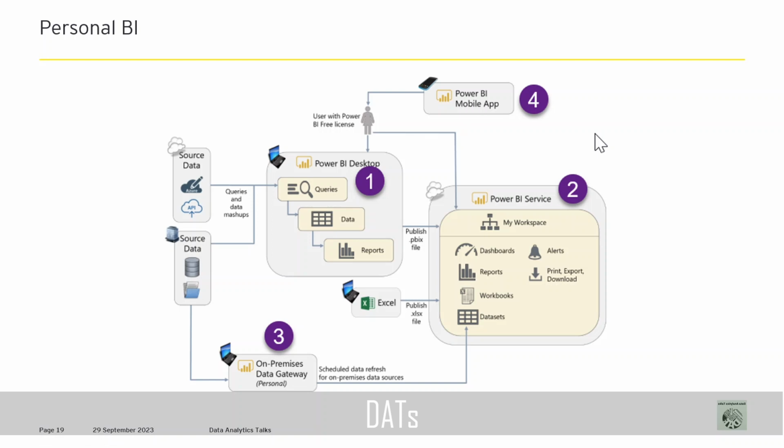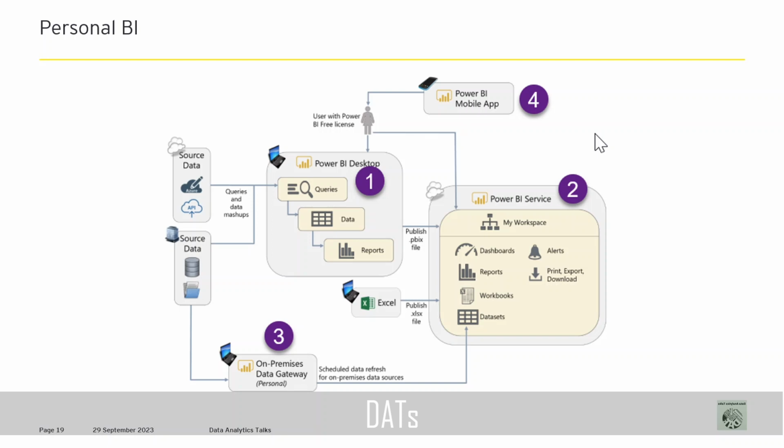In my workspace, you can publish your personal reports and you cannot share them. It could be dashboards, reports, workbooks, data set. You can also set up alerts. You can print, export, and download, but you can't share it. And you can also see those reports in your mobile app.